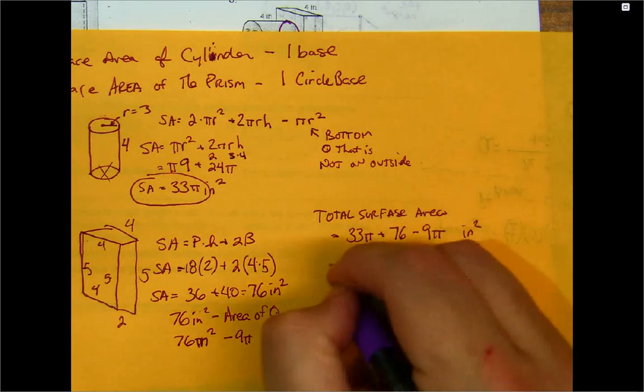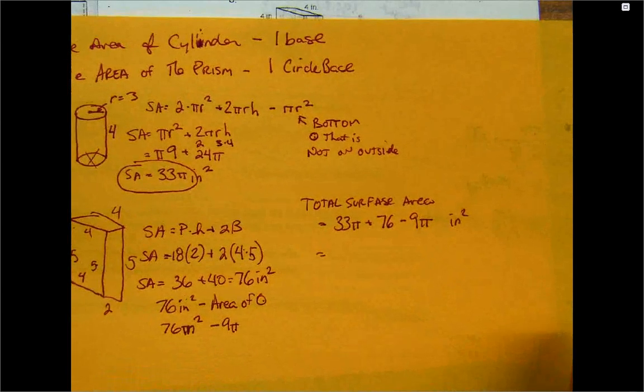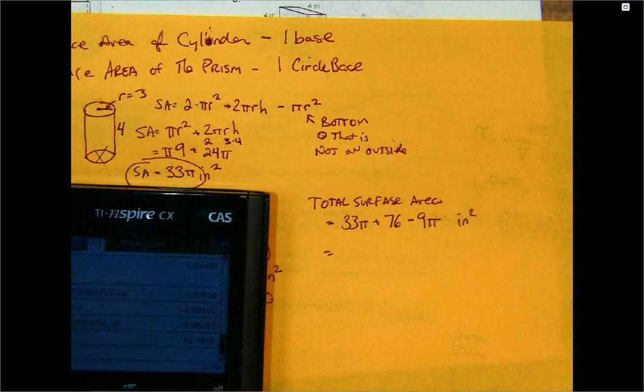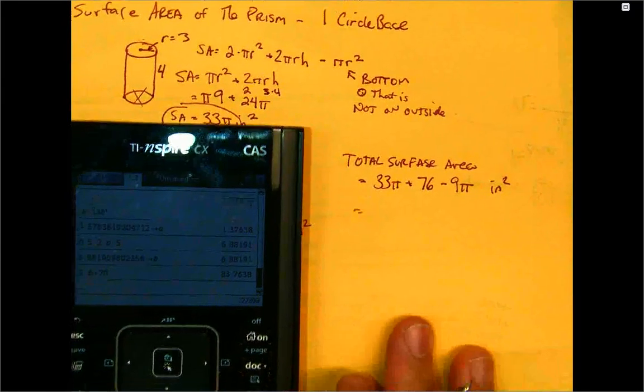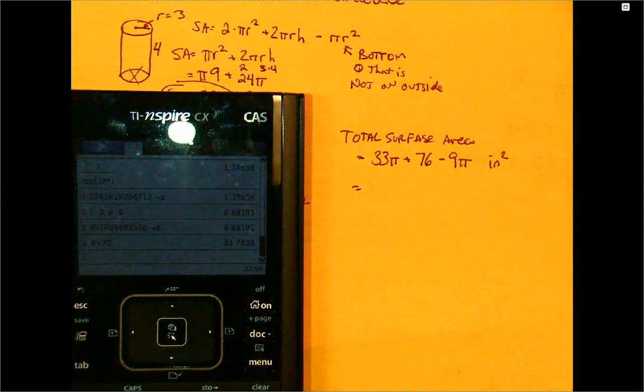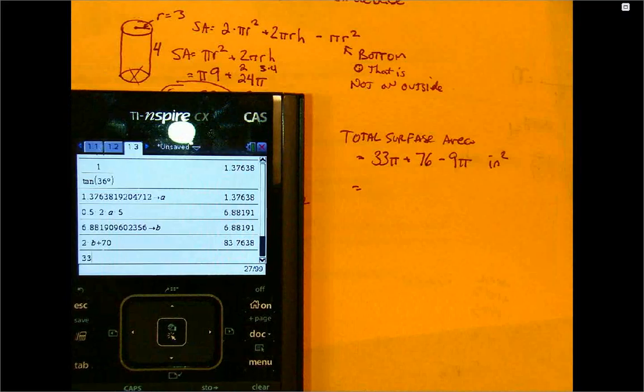And it says round to the nearest tenth, so I have to put this into the calculator. 33 pi plus 76 minus 9 pi.